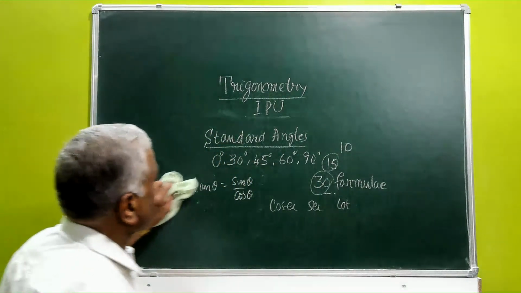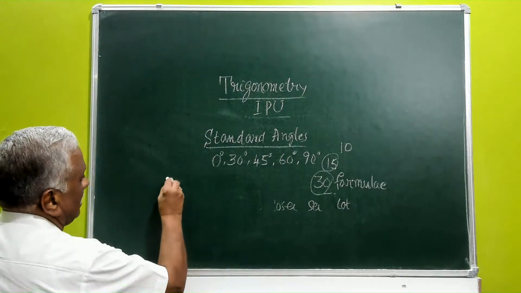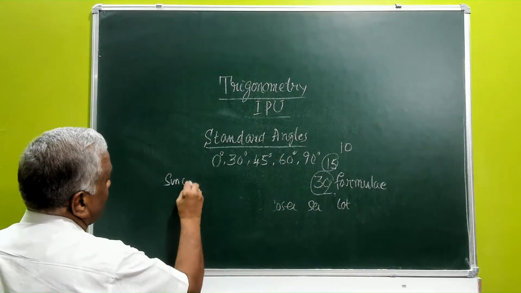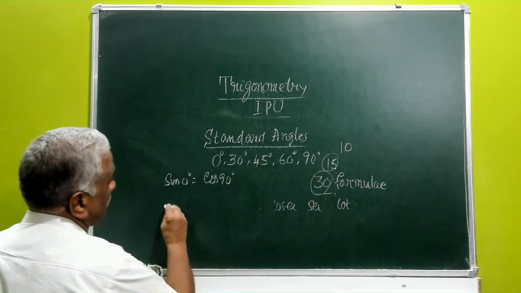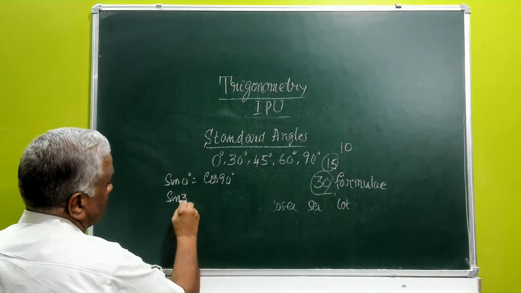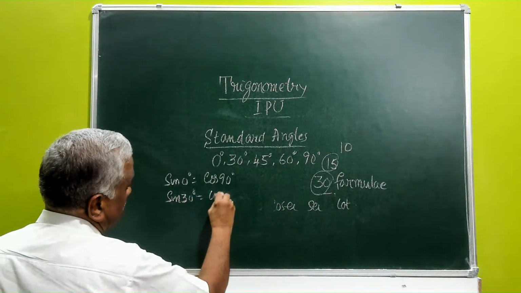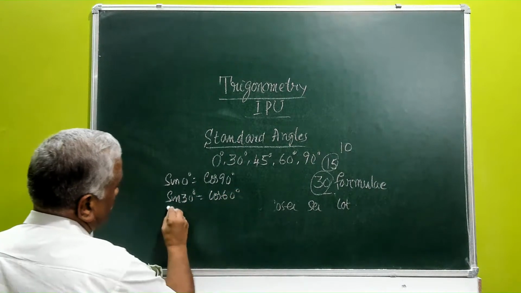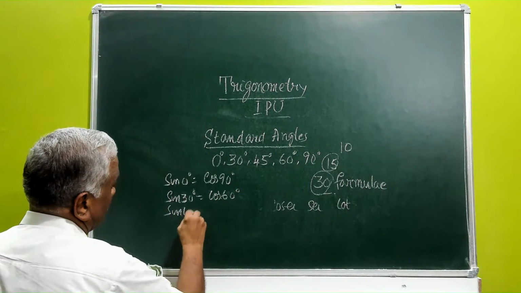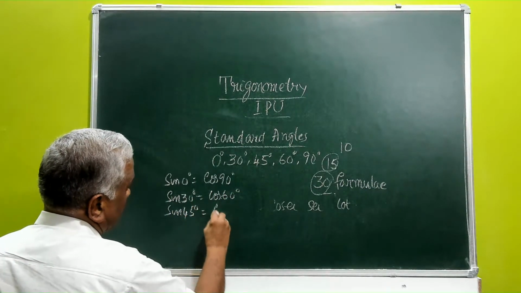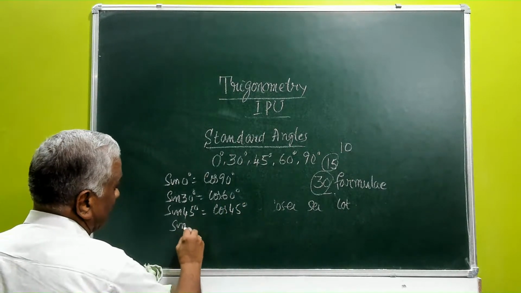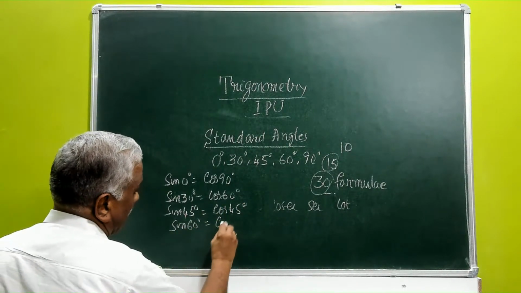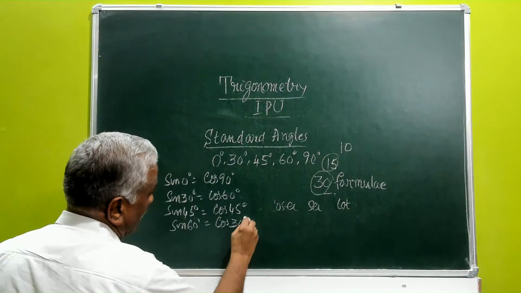And further reduce this. See, sine and cos are complementary angles. Sine 0 is cos 90 degrees. Sine 30 degrees is same as cos 60 degrees. Sine 45 degrees is same as cos 45 degrees. Sine 60 degrees is same as cos 30 degrees.